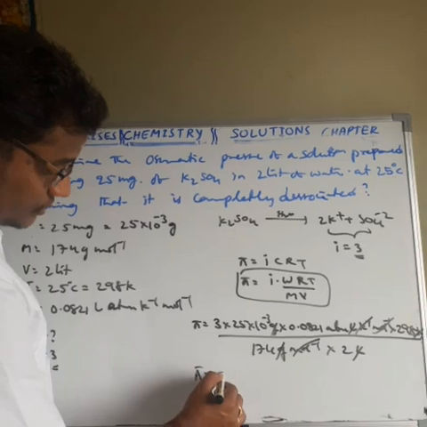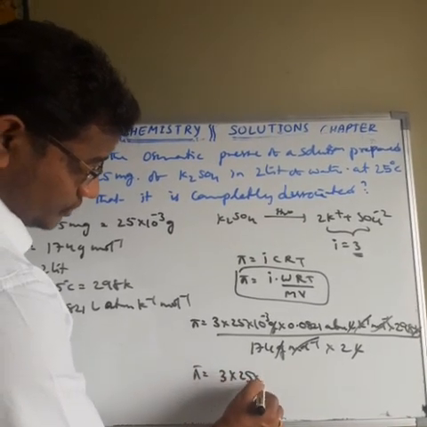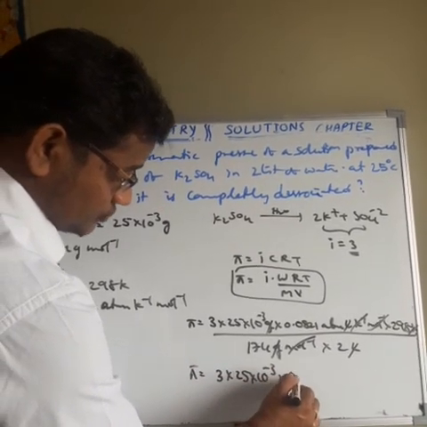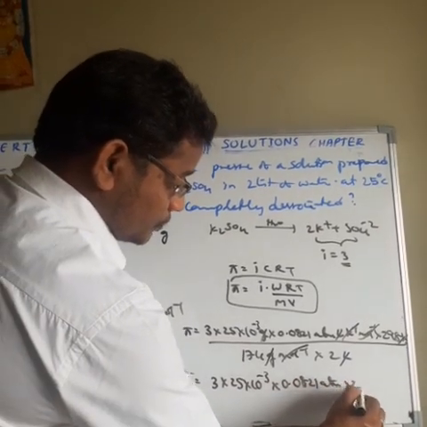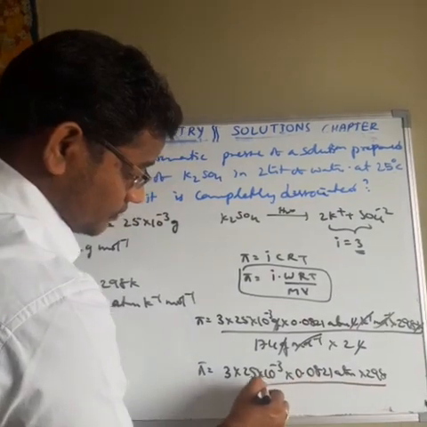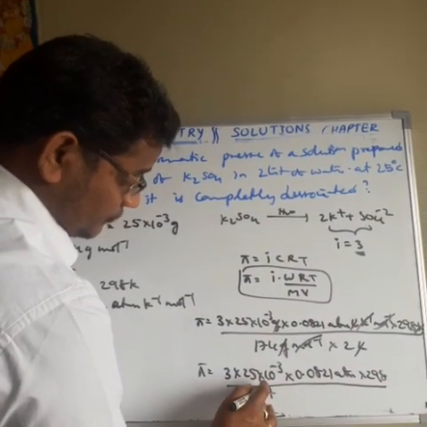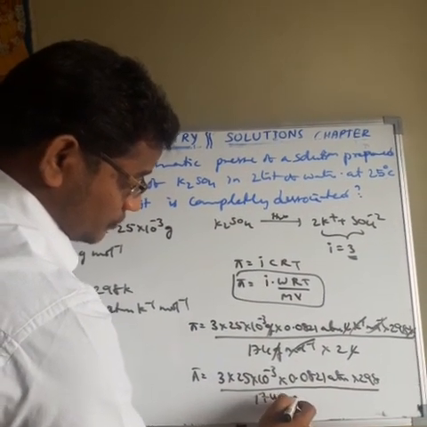Remaining pi is equal to 3 into 25 into 10 power minus 3 into 0.0821 atmosphere into 298 divided by 174 into 2.